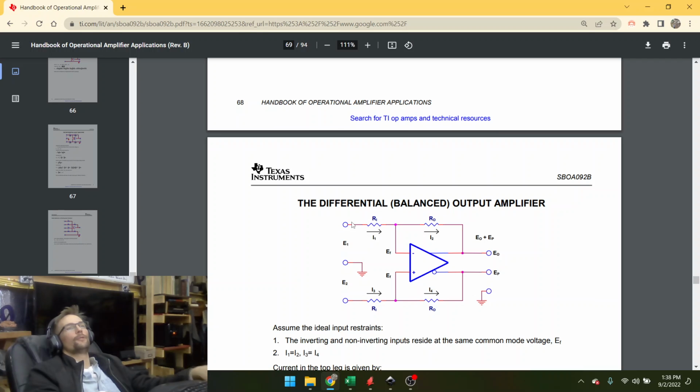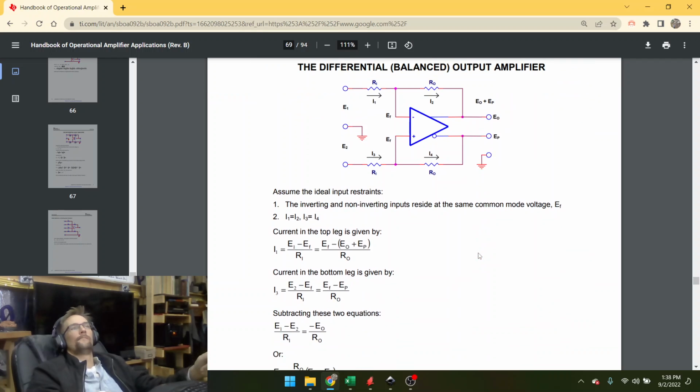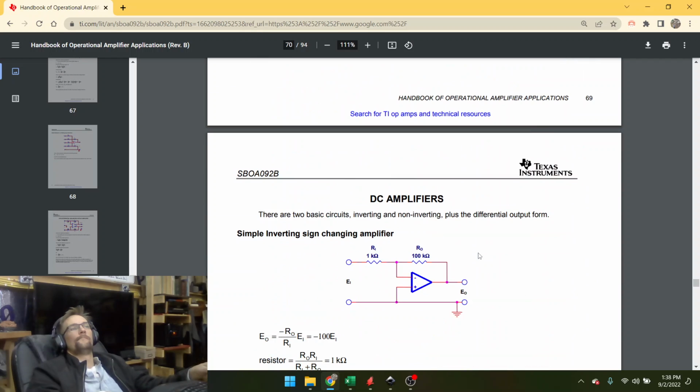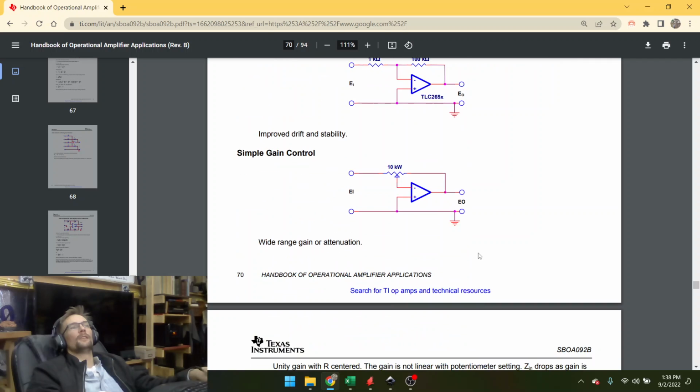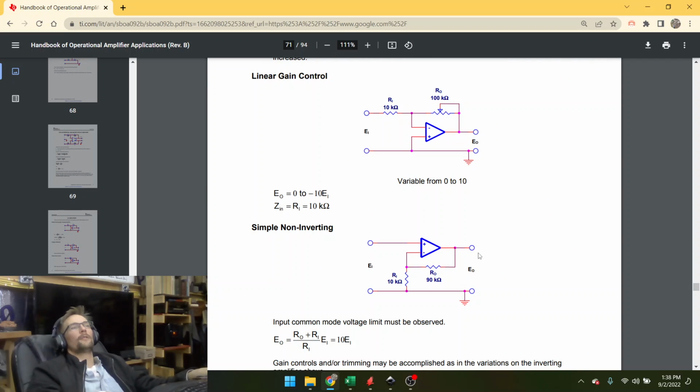The differential balanced output amplifier. DC amplifiers. Linear gain control.